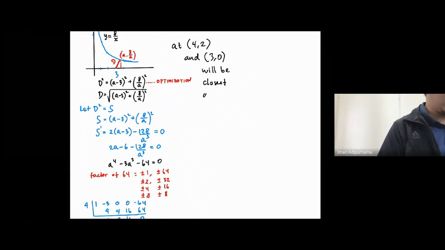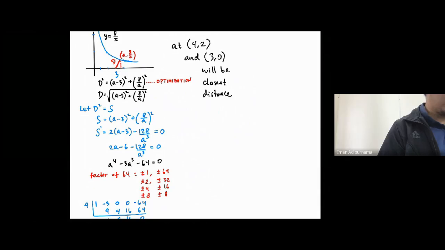So at 4, 2, and 3, 0 will be the closest distance.